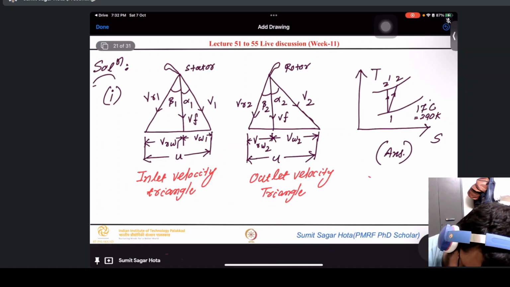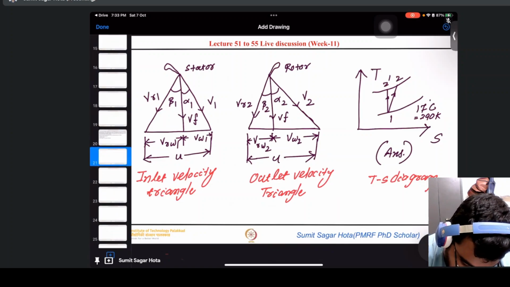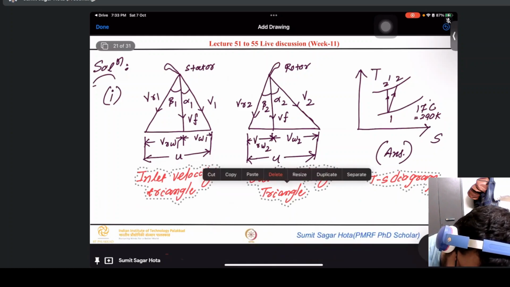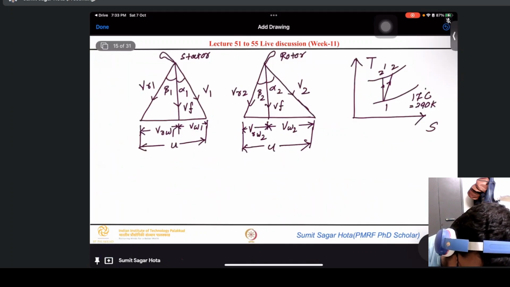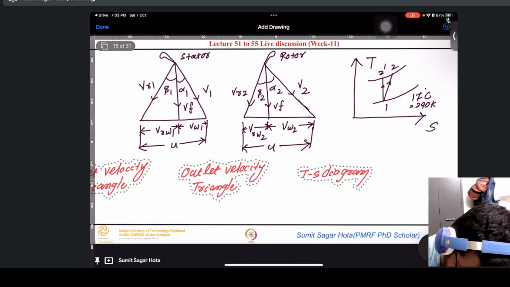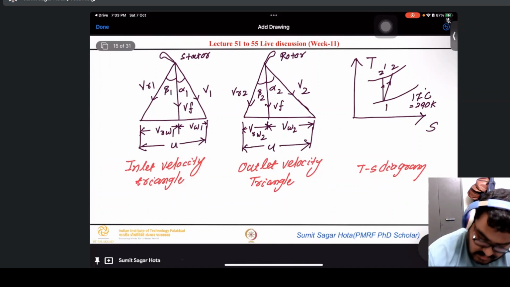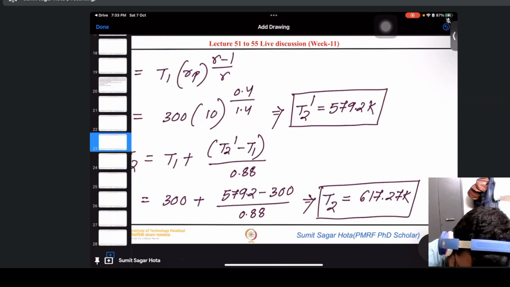Okay, this is your TS diagram. So T2 now you get.